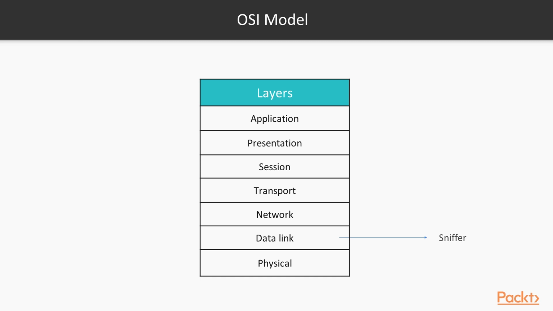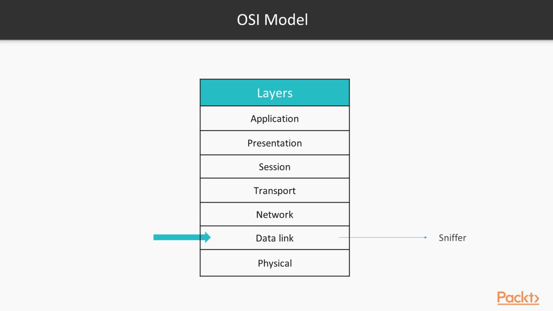Let's find out. First of all, let's talk about the physical layer. The use of the physical layer is the transmission of data from one point to another. Now the data link layer: its use is to establish a connection.